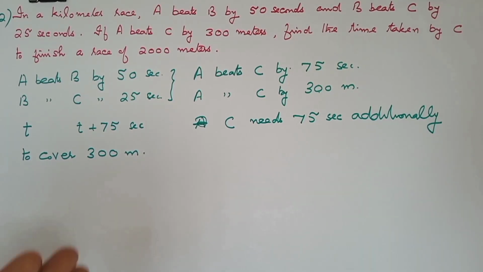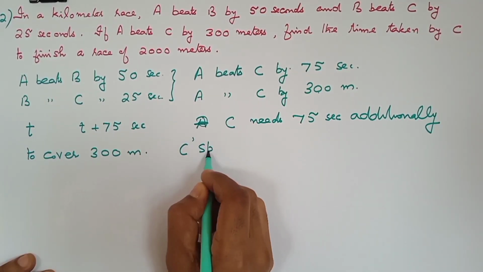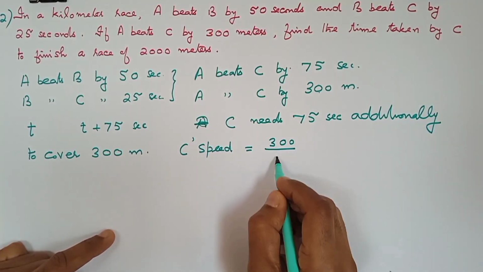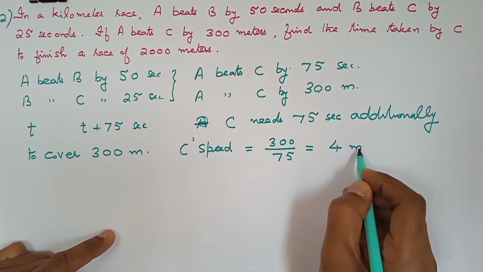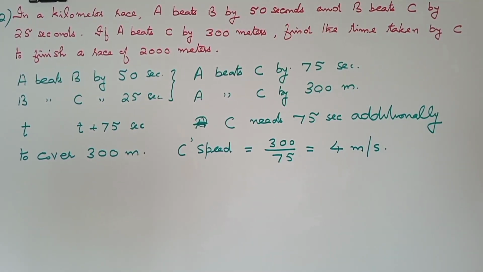Which means what? If C needs 75 seconds to cover 300 meters, that gives you the speed. C's speed will be 300 meters it covers in 75 seconds. So 300 by 75, which is 4 meters per second will be the speed of C. So you got the speed of C.